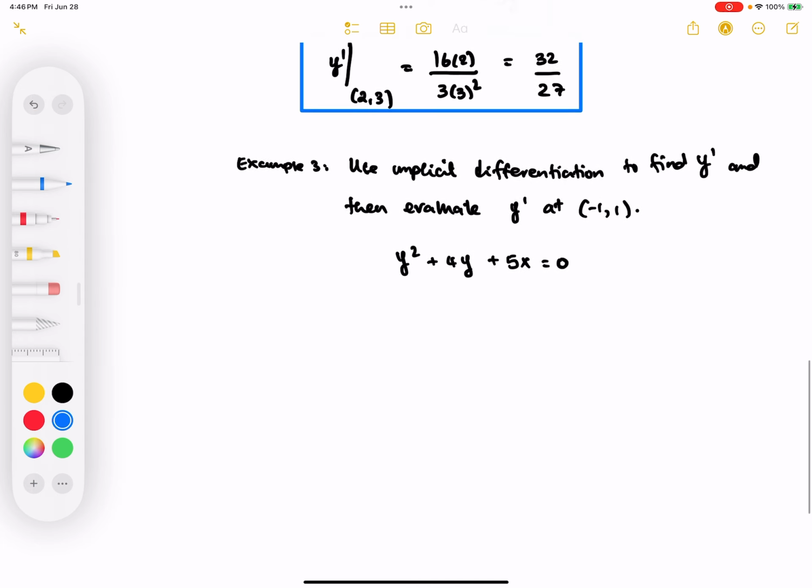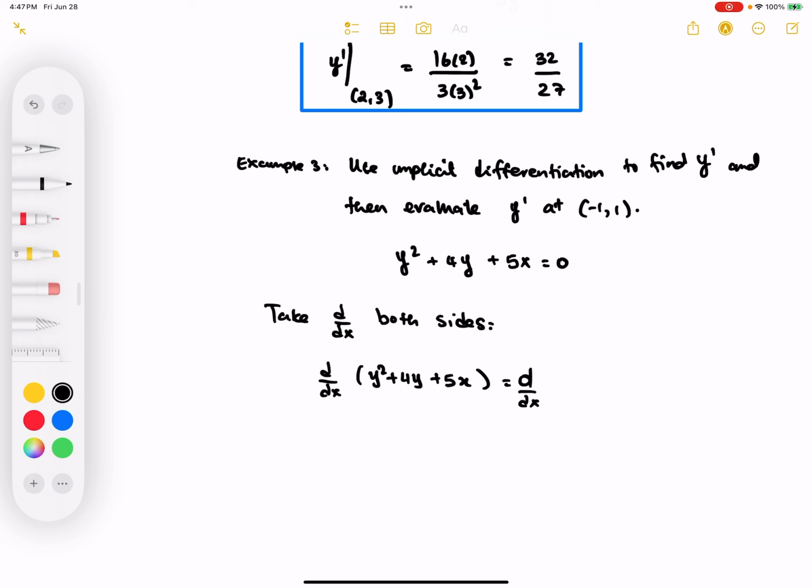So let me add more, the same thing. This one, let me take d/dx of both sides. That is your first step. That means d/dx of y squared plus 4y plus 5x is d/dx of 0, which is just 0.